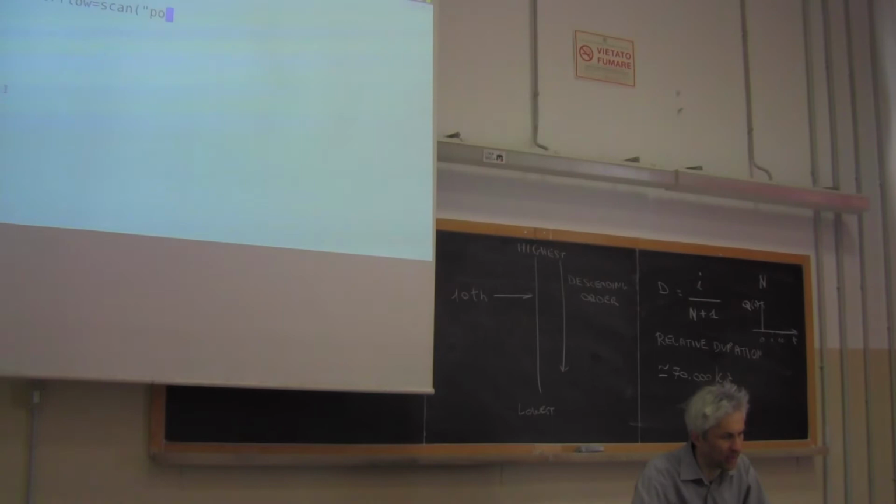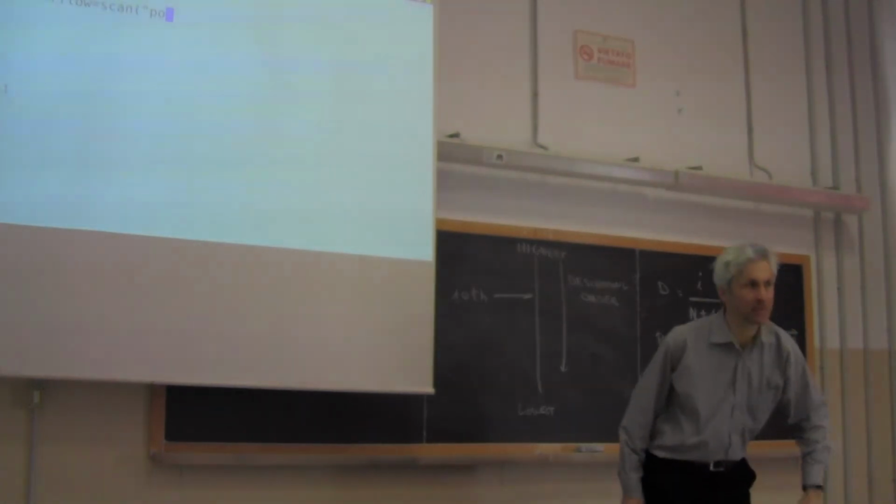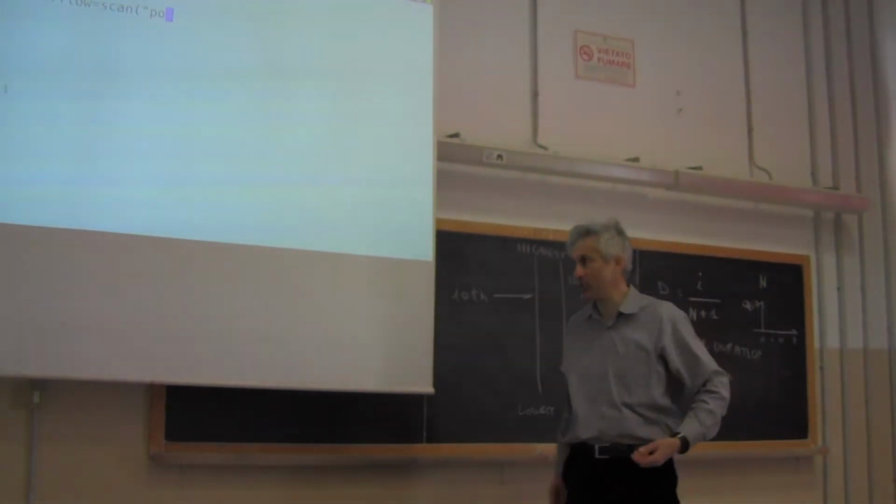Try to push the tab. You see that in my case doesn't happen anything. In your case, something happens. Okay? If something happens, close the quotation, close the parentheses, and return. And then let's make a statistic of how many of you succeeded.